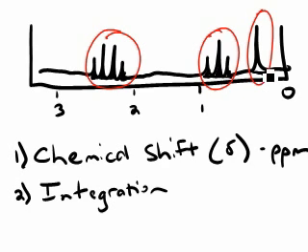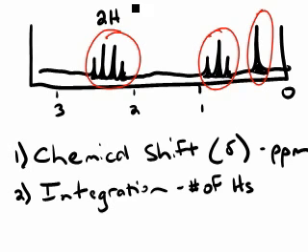Here the area under the signal is this. The area under the signal tells you the number of hydrogen atoms giving rise to that signal. So if you have 2H here, and 3H here, and 3H here, we've got 3 protons giving rise to this signal, 3 protons giving rise to this signal, and 2 protons giving rise to this signal.